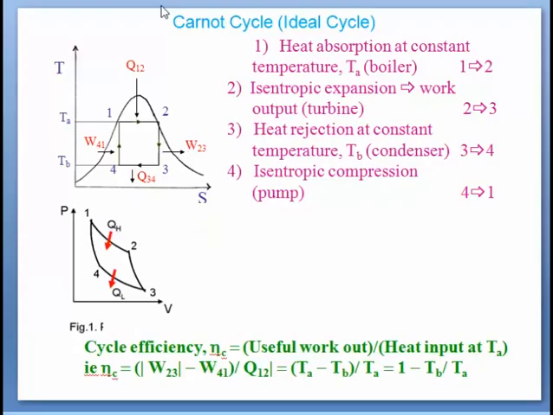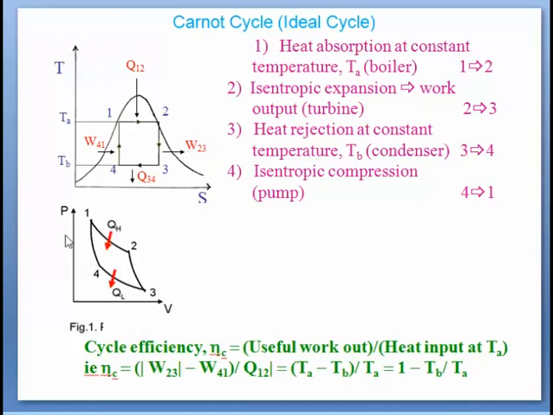So now we will see our first cycle, that is the Carnot cycle. This is the ideal cycle, and any heat engine which operates on the Carnot cycle will have maximum efficiency. So first we will see this cycle on the pressure volume diagram, and then we will see it on the temperature and entropy diagram.